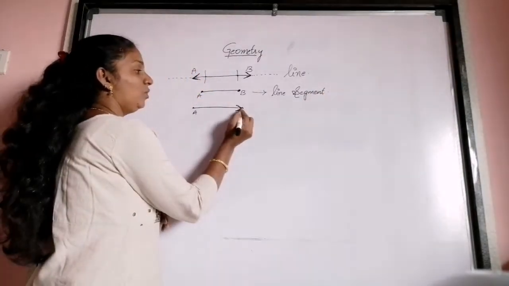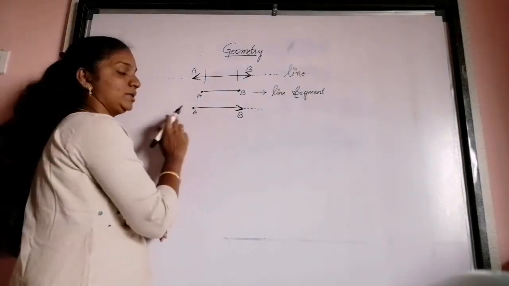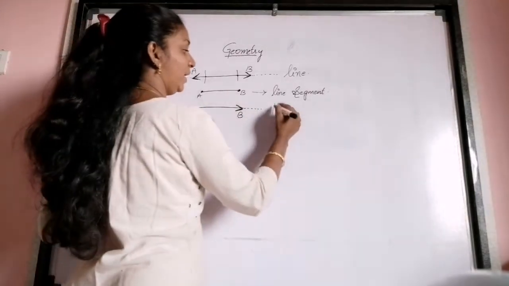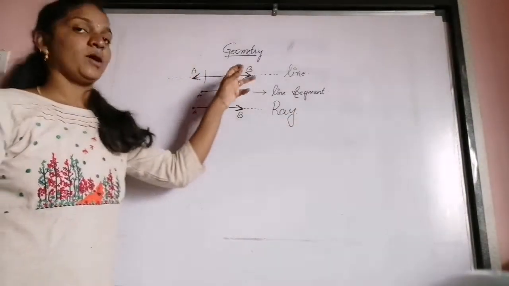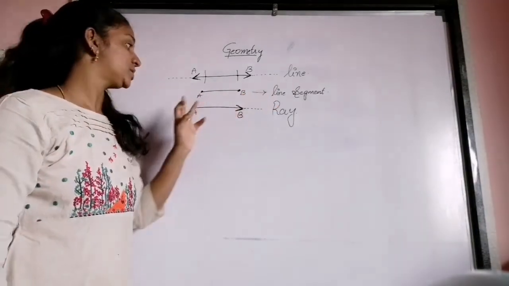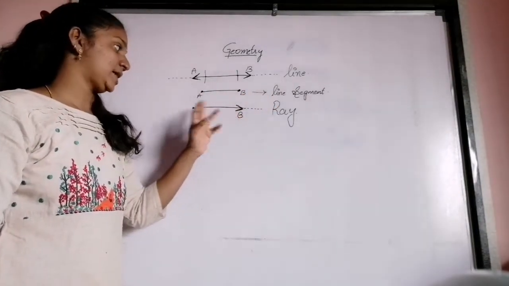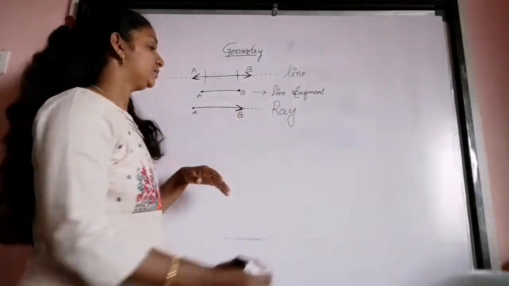And if we have only one continuation and an ending at one side, it is called a ray. So no end points, it is a line. Both have end points, it is a line segment. One side has an end point and one side is a continuation, it is a ray.